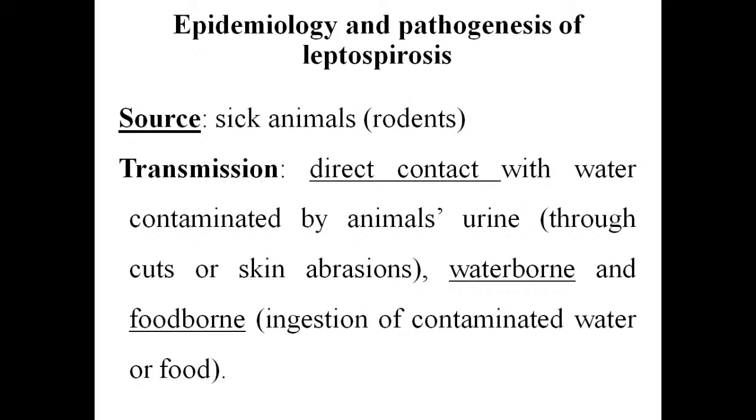So when we swim in a river or a lake, where Leptospira can be present, we may potentially be infected. It is also waterborne through swallowing of water with bacteria, or foodborne through ingestion of contaminated water or food.